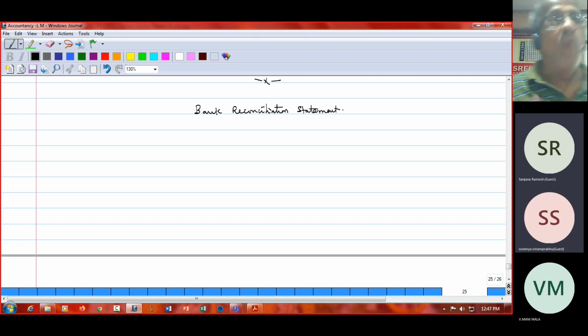Only two. We wanted to ensure that the differences are occurring only on account of these two points and nothing else. Just to add one more, one more cause could be the case. What could that be? An error committed by a banker could be the third cause, and nothing else you can have in a bank reconciliation statement.